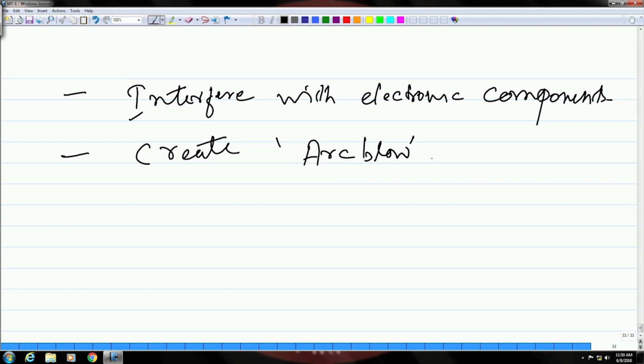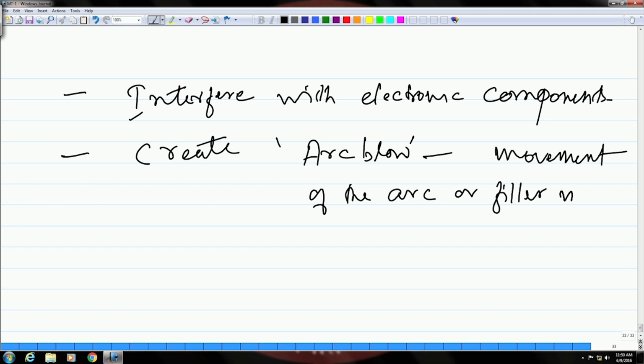Arc blow is nothing but movement of the arc or the filler material which is used for welding.